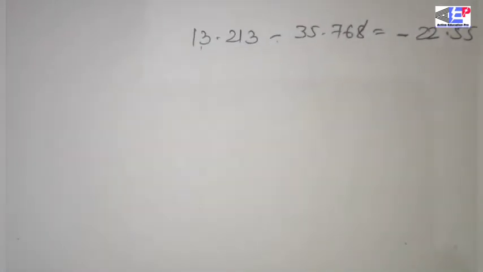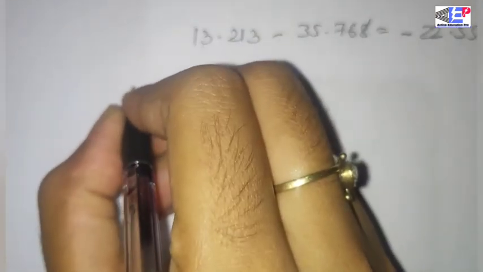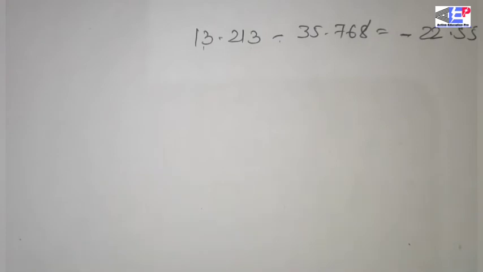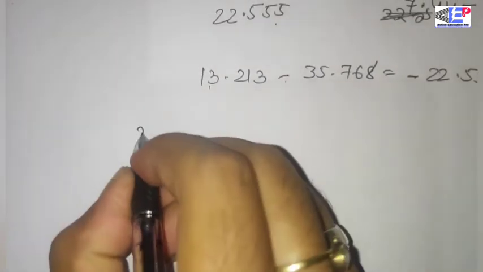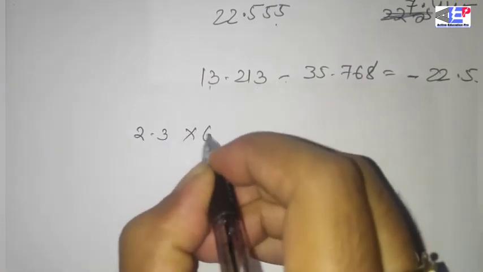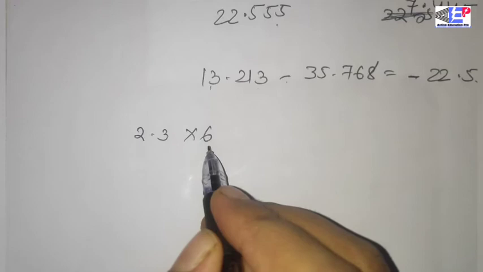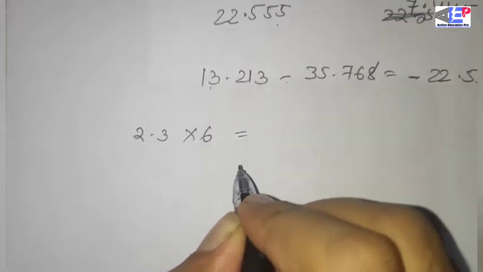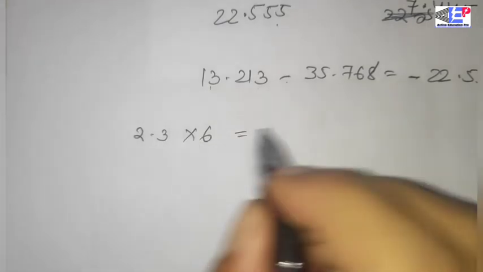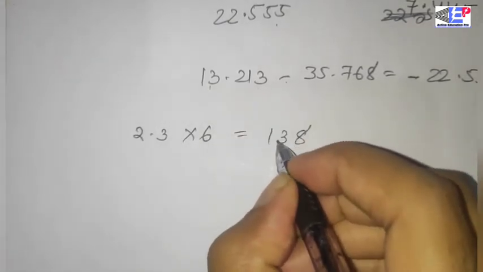Next let's go for multiplication. The first case is to multiply a decimal number with a whole number. Suppose there is 2.3 into 6. Here a decimal number is multiplied with a whole number, 2.3 into 6. As usual, you multiply number with number: 6 threes are 18, 6 twos are 12, plus 1 is 13, so 138.